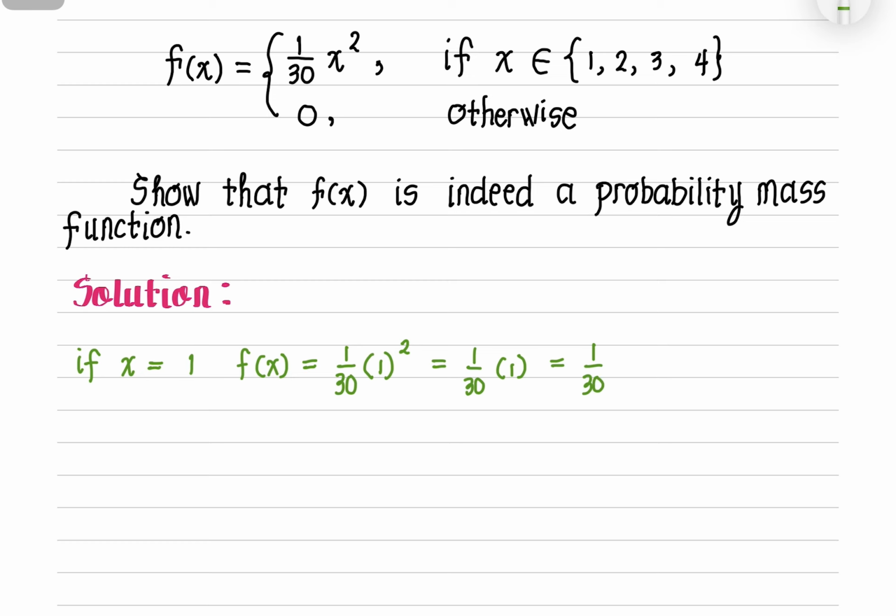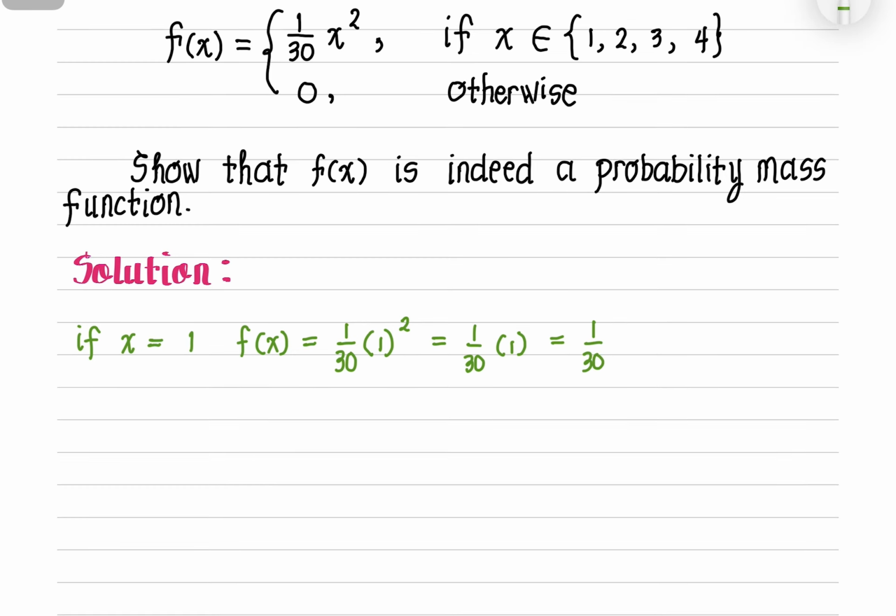Right? Okay. And then, if x is equal to 2, f of x equals 1/30 times 2 squared, that gives us 4, right?